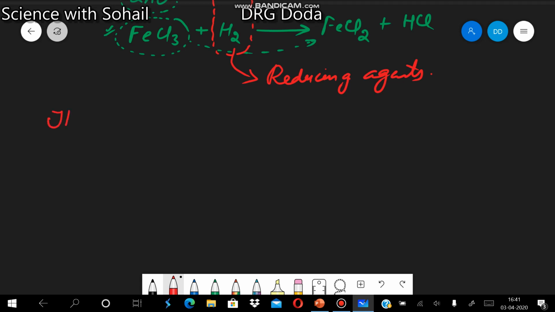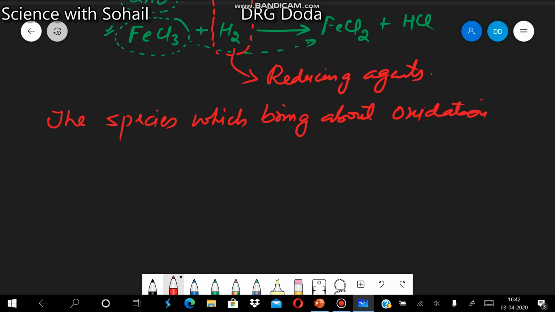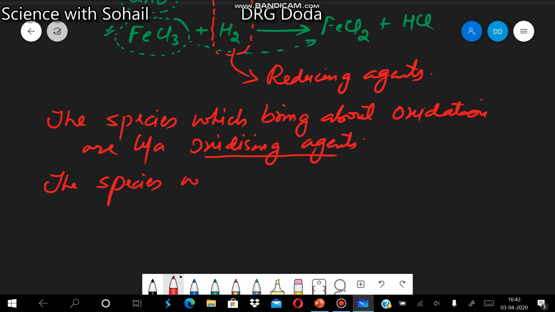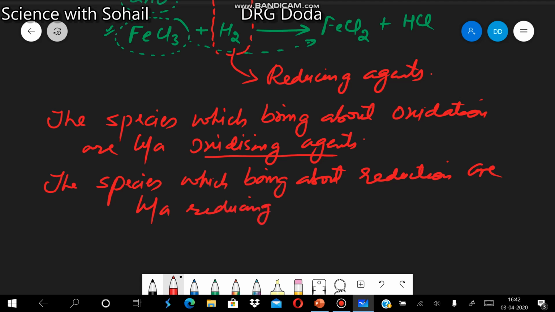So the species which bring about oxidation are known as oxidizing agents, and the species which bring about reduction are known as reducing agents.